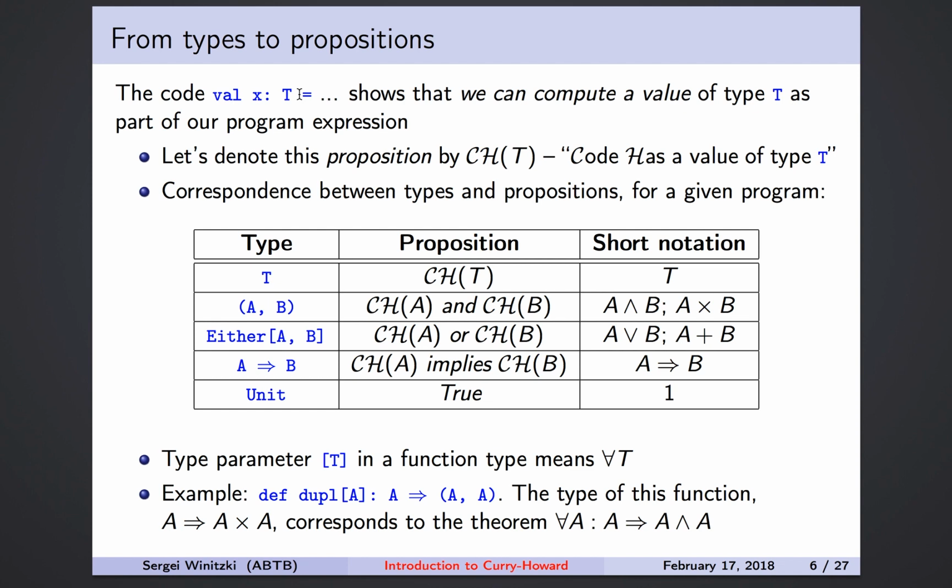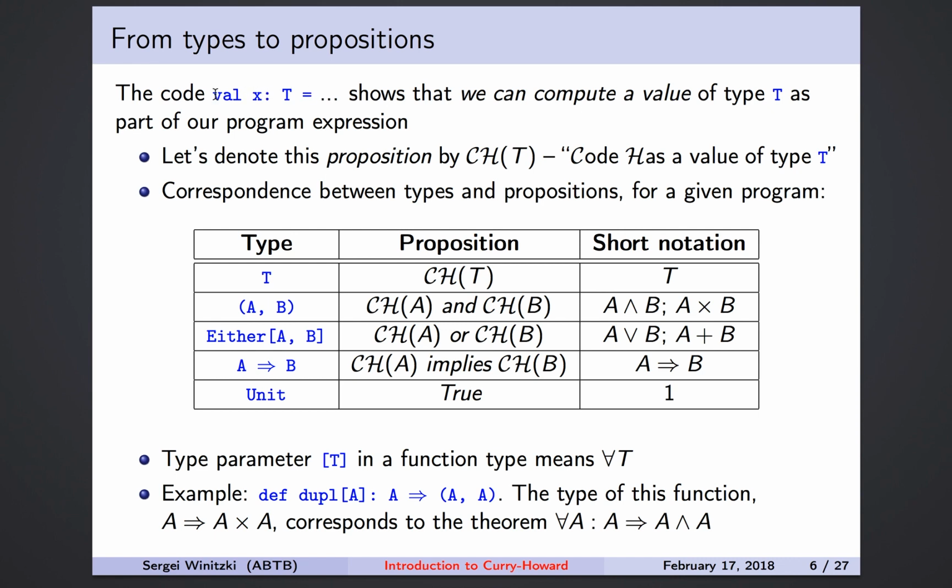So I will say program or expression. It's similar, the same thing. If in your program somewhere you have this, it means, assuming of course, that you can compute a value of type t at some part of your program, assuming of course that your program compiles and runs correctly.